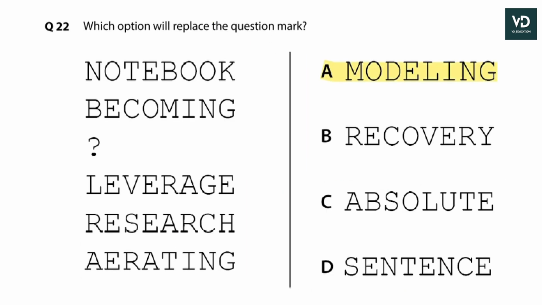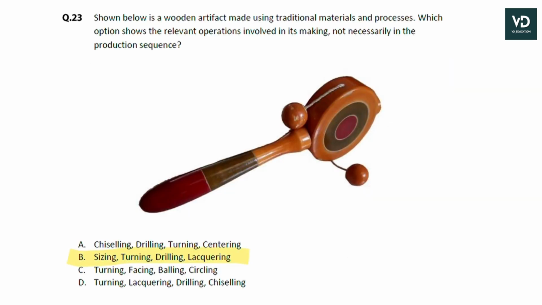Question number 22, which option will replace the question mark? The question is notebook becoming question mark, with options leverage, research, elaborating, modeling. The correct option is modeling. Question number 23, shown below is a wooden artifact made using traditional materials and processes.